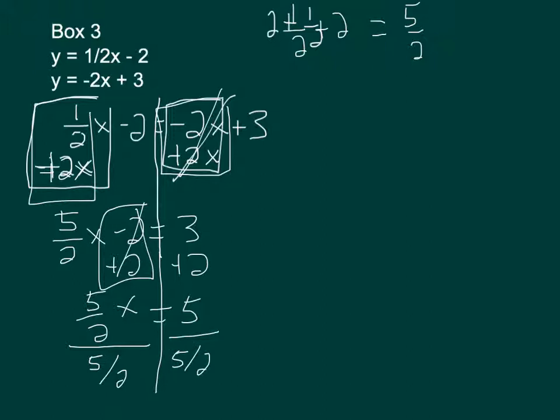So in your graphing calculator, I'll write this up top again. Do 5 divided by 5 over 2. And 5 divided by 5/2 is 4.